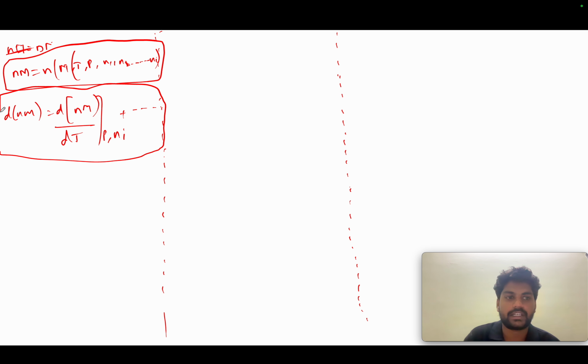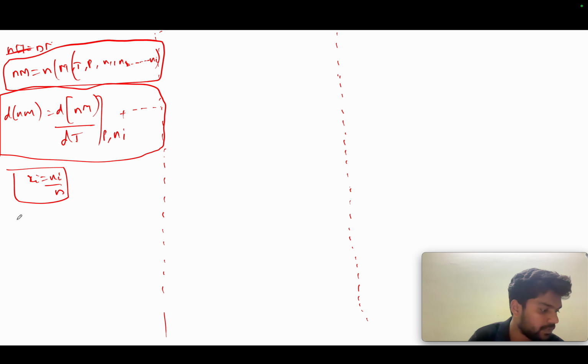Let me know if you are not understanding the equation. I will first rewrite all the equations. x_i equals n_i by n. You all know that mole fraction is nothing but the moles divided by total moles.